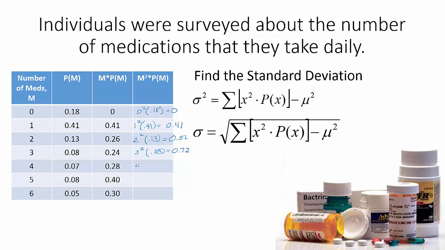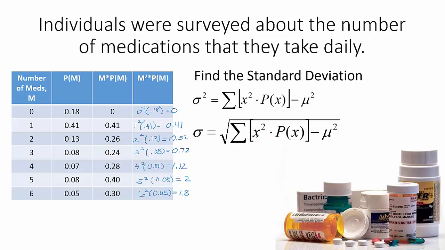Next I do 4 squared, so that's 16 times 0.07. And on my calculator, that is 1.12. 5 squared, or 25, times 0.08. And that comes out as exactly 2. And then finally 6 squared, or 36, times 0.05. And I get a value of 1.8 for that.